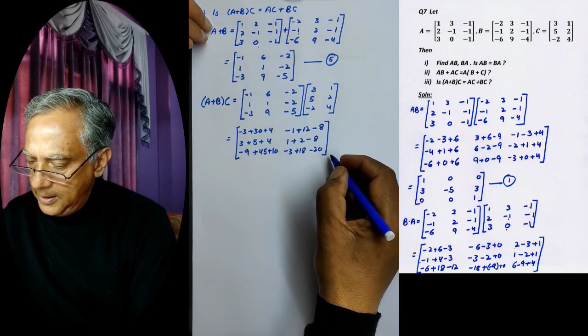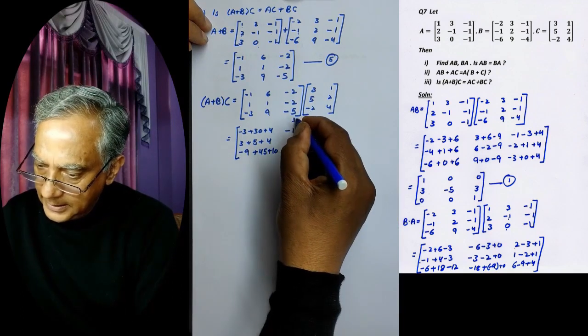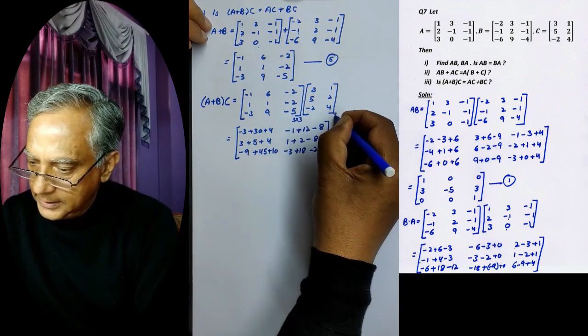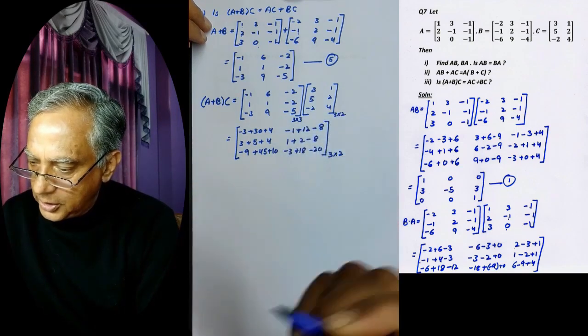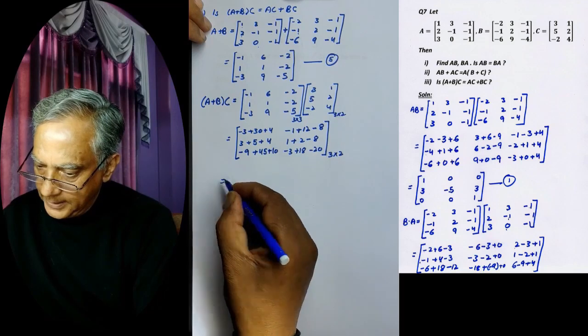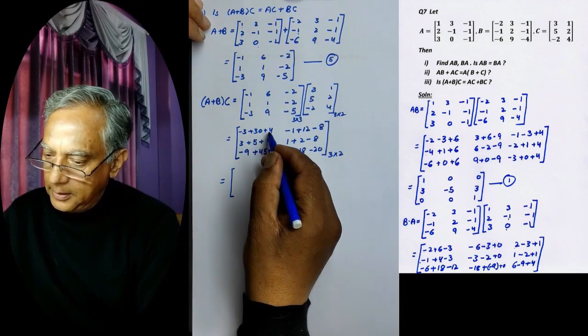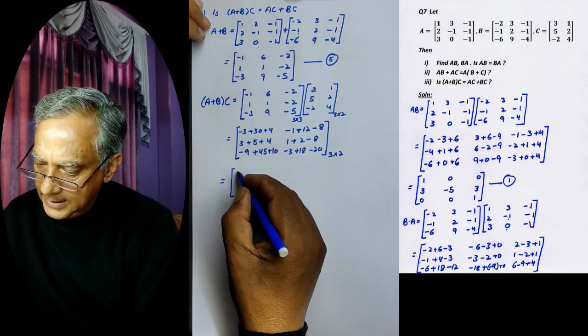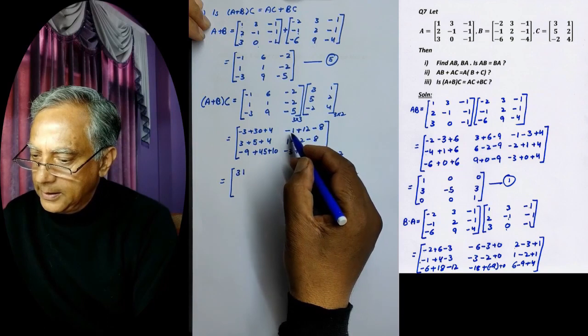This is a 3 cross 2 matrix. This is 3 cross 3. This is 3 cross 2. Compatibility is satisfied and result is 3 cross 2. This is equal to, now 34 minus 3. This is 31.